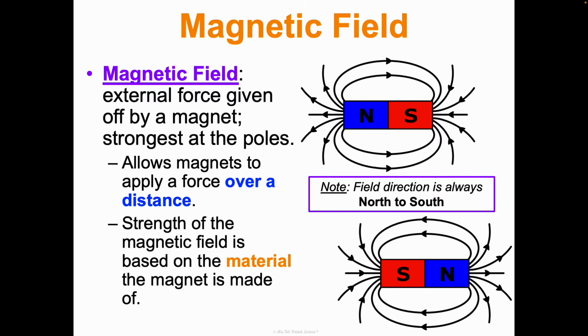A fun fact for you is the magnetic field of an MRI is about 200 times stronger than, say, a magnet you have on your refrigerator that's holding up a report card. Okay, so there's a lot of variety in terms of the strength of magnets and the strengths of their fields, and that's the strength of the force that they can give off.